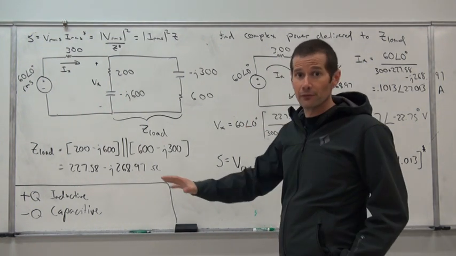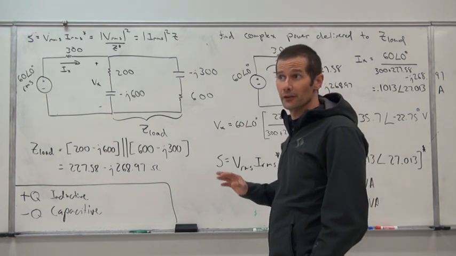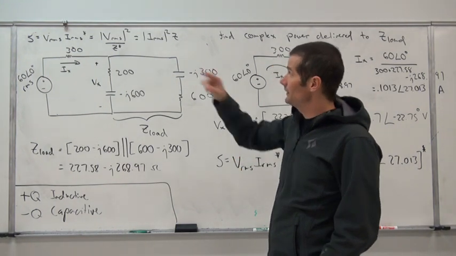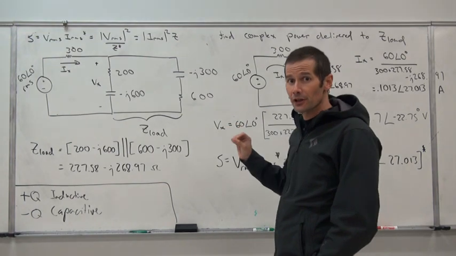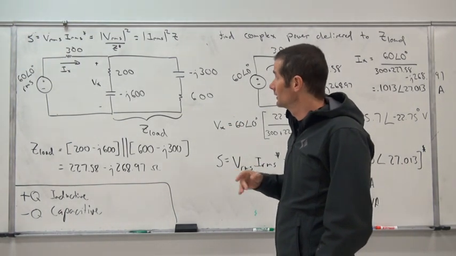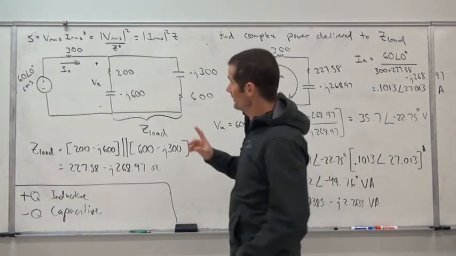Now, everything that we're doing from here on out is all in RMS. And remember that RMS, the equation V_RMS times I_RMS conjugate, is equal to 1/2 V times I conjugate. But there are different variations of these equations.